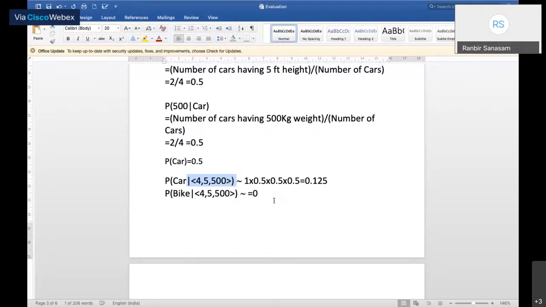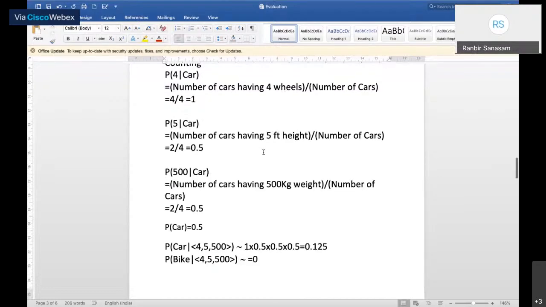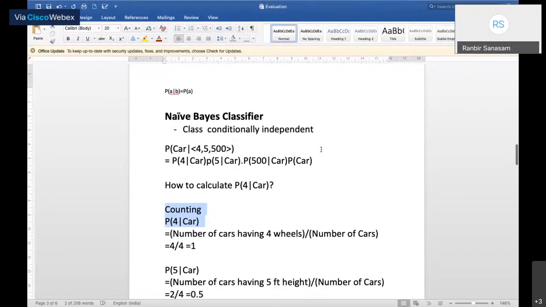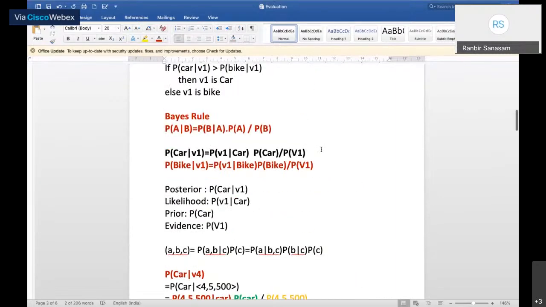In the naive Bayes classifier, when you use scikit-learn or some other tools, you may see naive Bayes with a multinomial kernel or a Gaussian kernel or something like that. You should not be confused; that is all about how you calculate this. This way of counting is sometimes referred to as the maximum likelihood estimate.